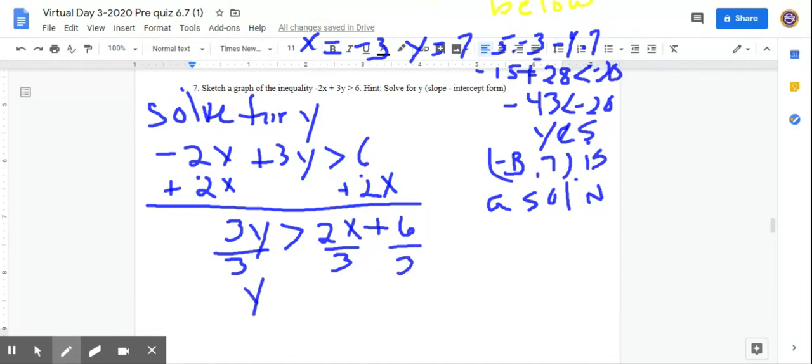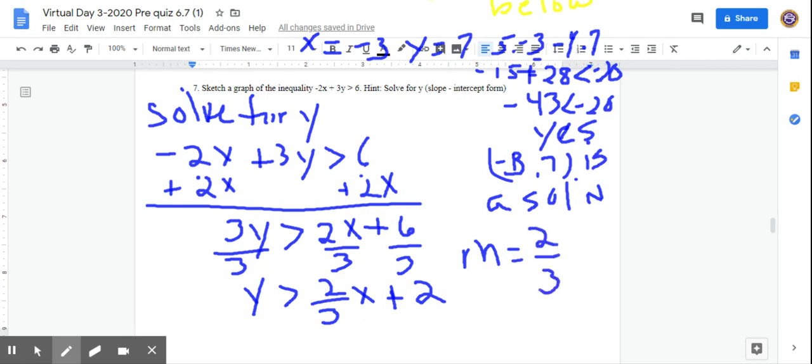Now we're going to divide by 3. That's y is greater than 2/3 x plus 2. So what do we know? We know that our slope is 2/3. So we're going to go up and right. We know that b equals 2.